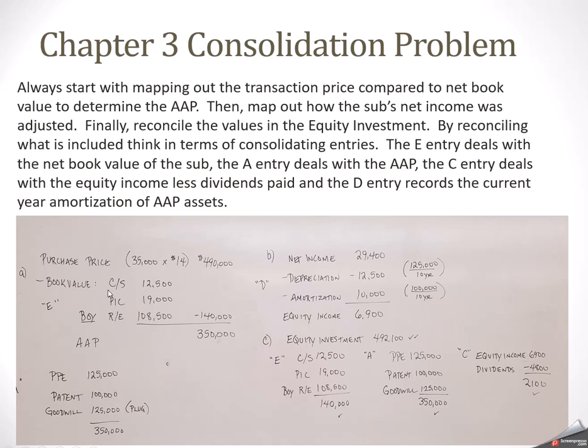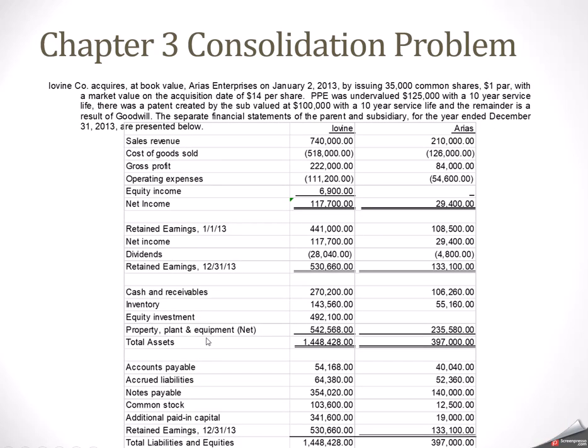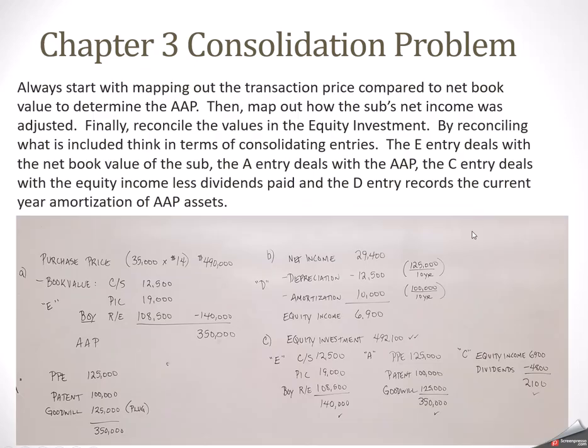Then we're going to subtract our common stock, our paid-in capital, and our beginning of the year retained earnings. Those are provided right on the sub's balance sheet. So we subtract those out. Those total $140,000.